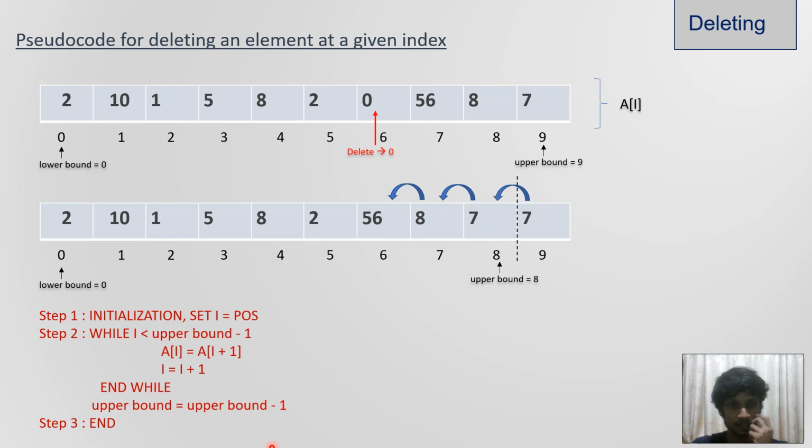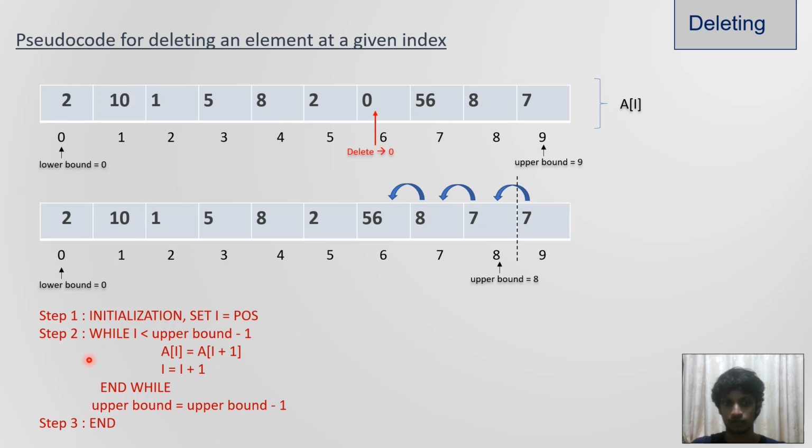So this is the pseudocode for that purpose. First, we have to initialize the position at which we are going to perform our deletion operation. For our shifting process, there should be a while loop, because the elements that come after the deleted element should be shifted left by 1.